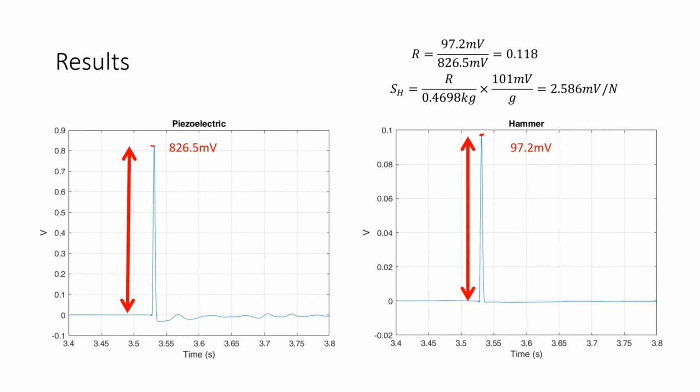We also need to calculate this ratio, which is the ratio between these two numerical impulses, and then multiply by the sensitivity of the piezoelectric accelerometer and divide by the numerical value of the mass, which in this case was 469.8 grams. And this gives us the sensitivity value for the test hammer.